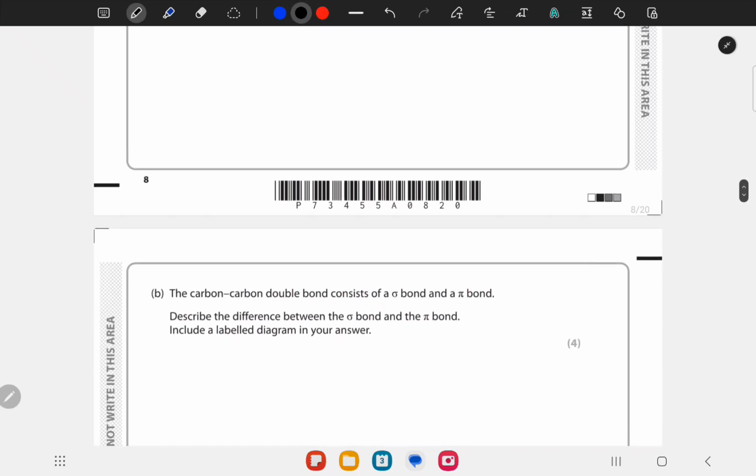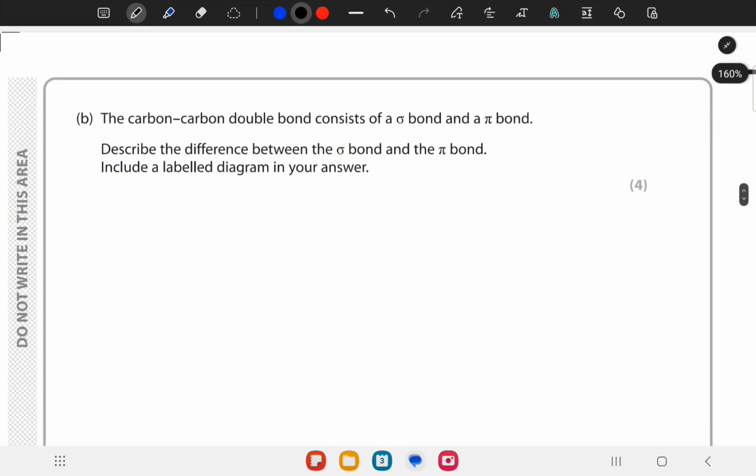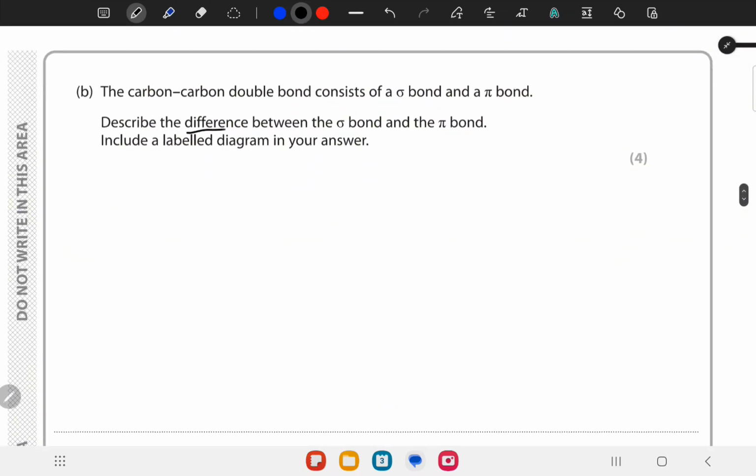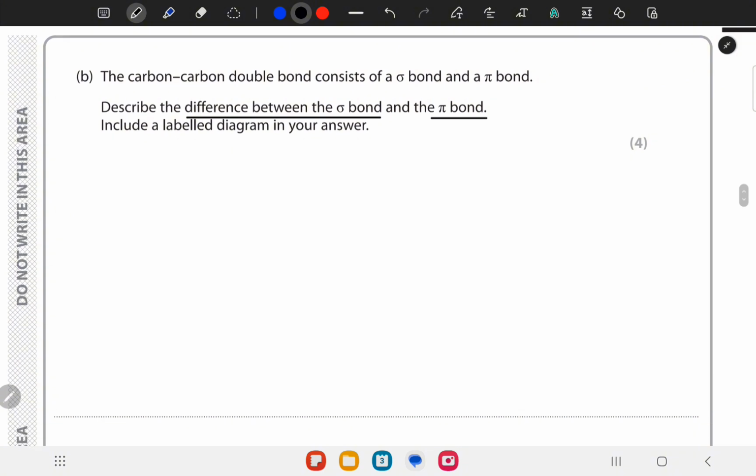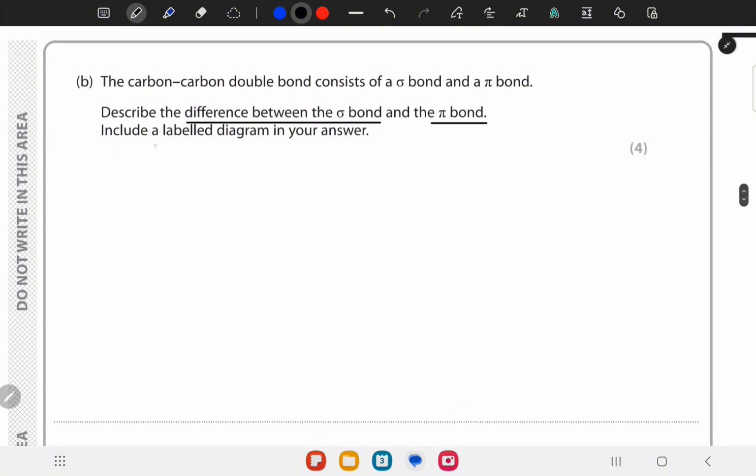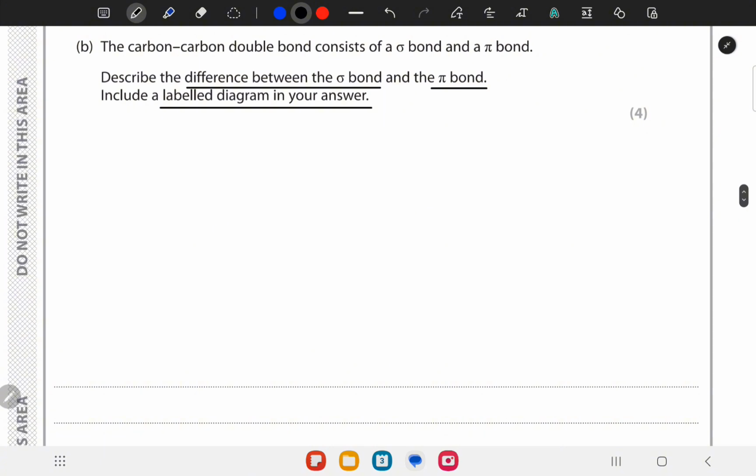Now moving on to part B. We have to describe the difference between the sigma bond and the pi bond. We have to include a labelled diagram in your answer. So at first we have to show the diagram.